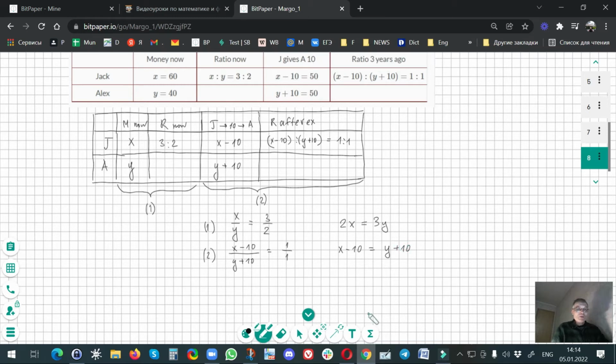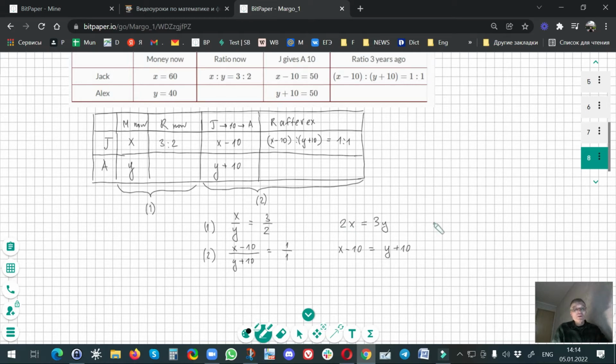That's it. The easiest way to solve such systems is just to solve the easiest equation for one of the variables. For example, I solve the first one for x.